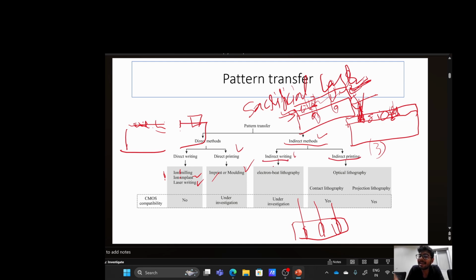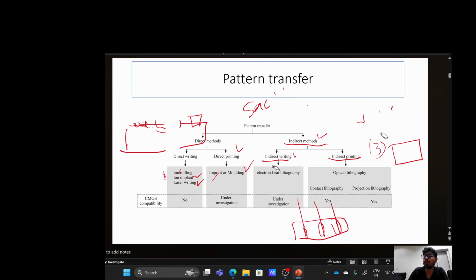And in indirect printing, like optical lithography, you can have a stencil kind of thing, a stencil or mask. There is a chrome coated mask, and there are some patterns in this one.